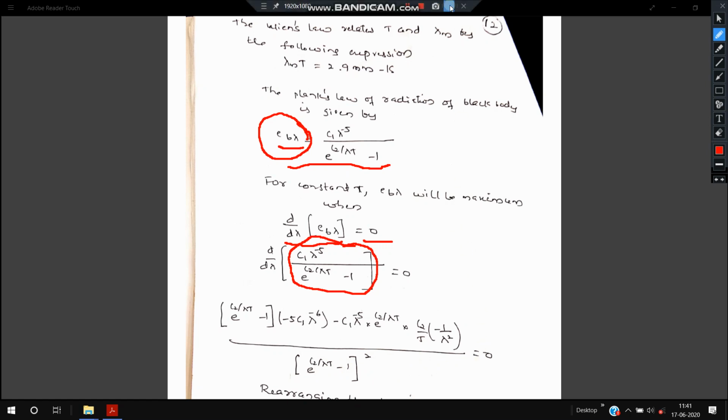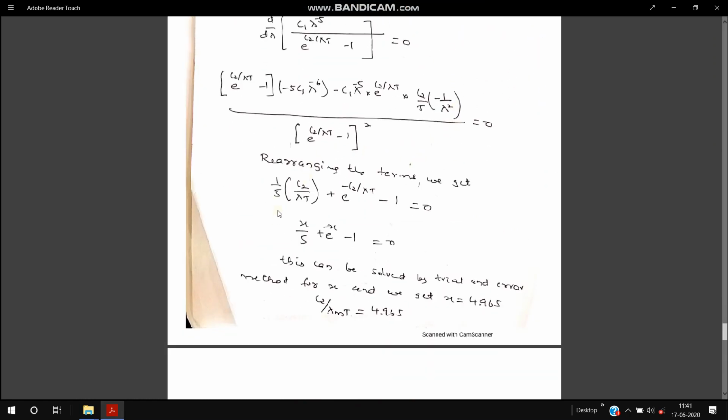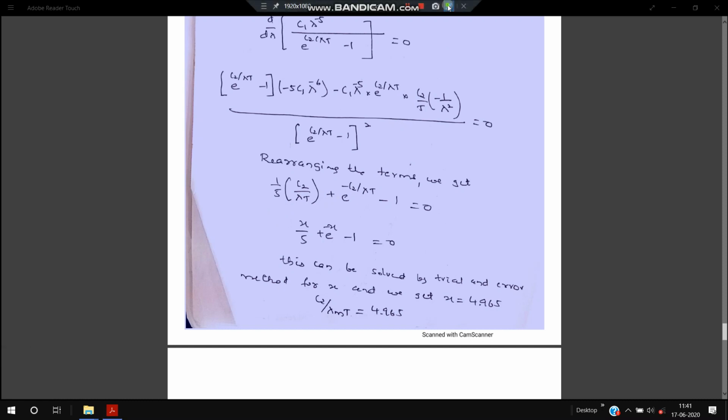Rearranging these terms, we get 1 by 5 C2 by lambda T plus e raised to minus C2 by lambda T minus 1 equals 0.